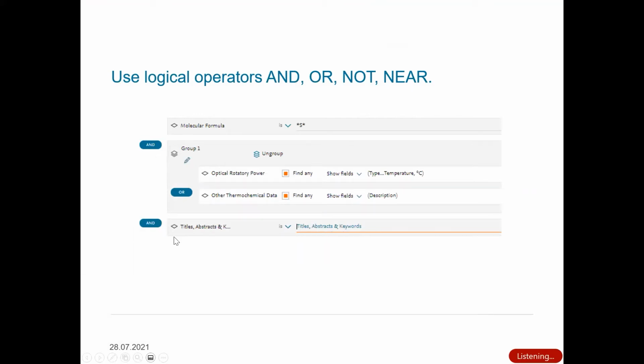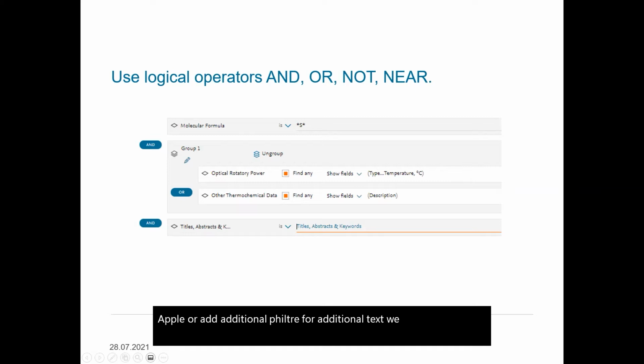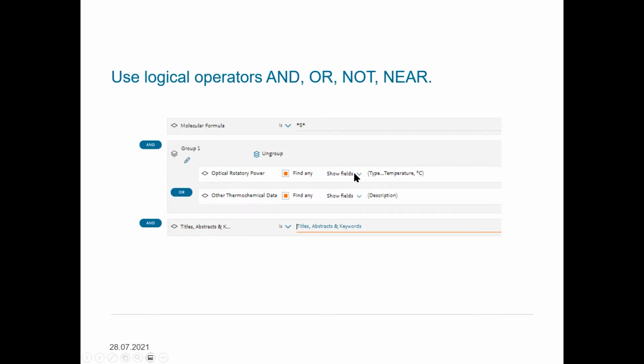We have a lot of logical operators. We can combine them in groups, and you can save this request for the future if you want to return one day to this search again.